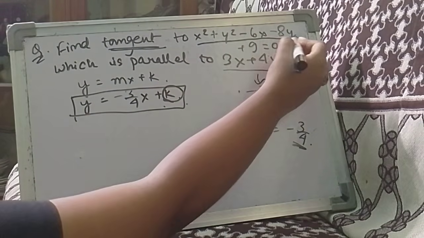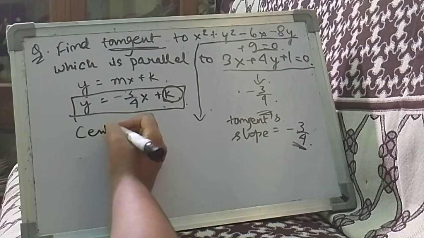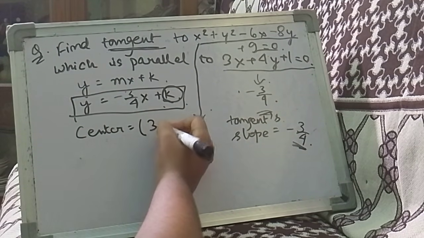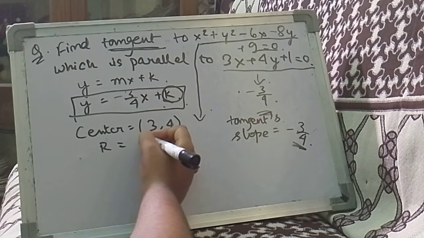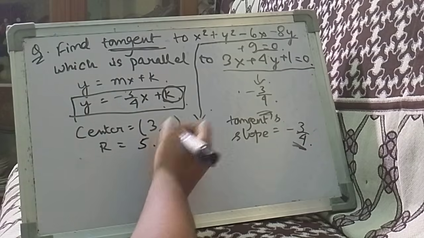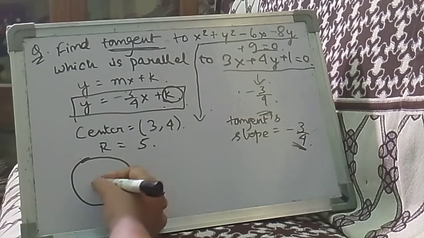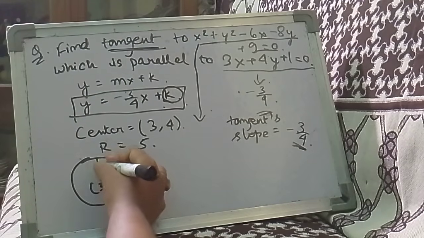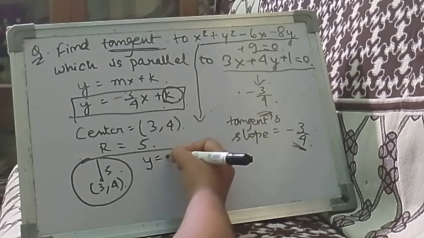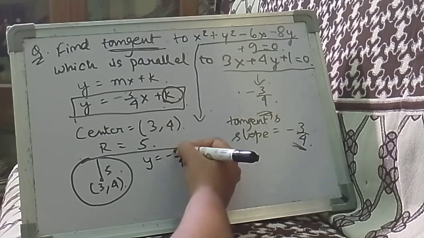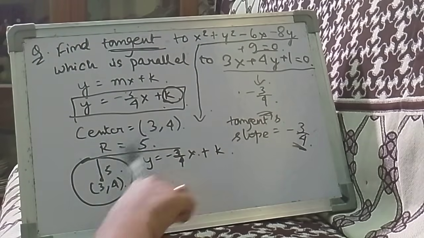See, from this circle's equation, center is given at 3, 4 and radius is 4. So this is the circle and this is the center 3, 4. Its radius is given, and the tangent y equals to minus 3 by 4x plus k is also given. So a line is given, a point is given.